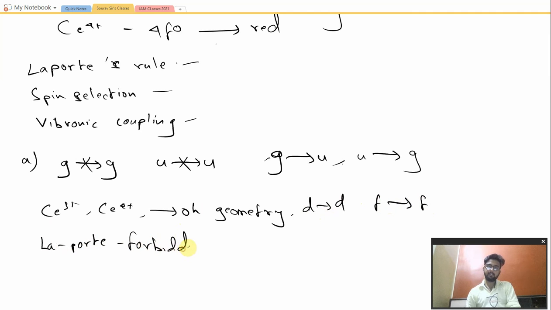So what would happen in this case is that, in accordance with Laporte's rule, both of them would not be showing any color at all.